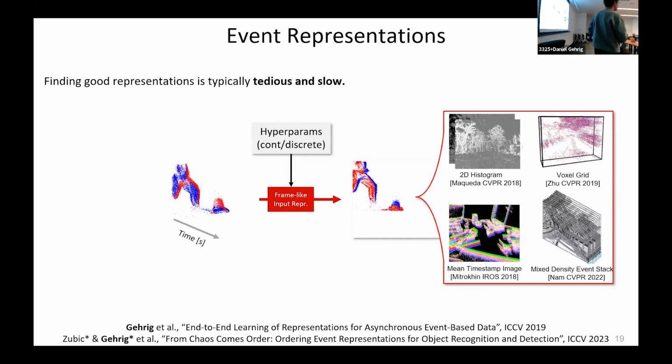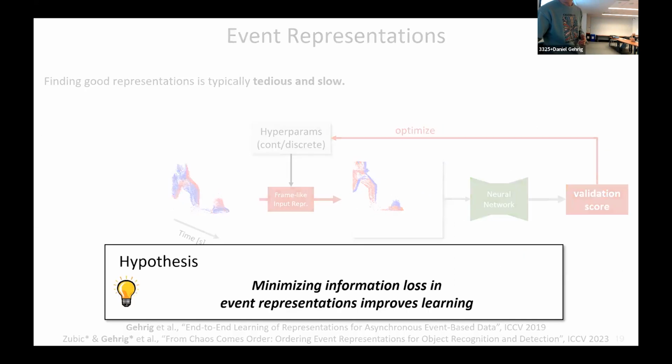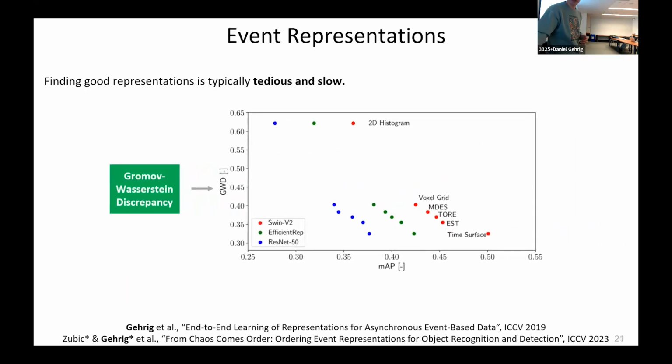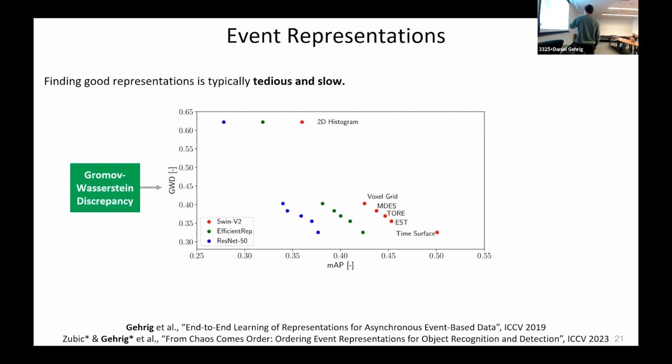I don't think the voxel grid has more information lost than the time surface. So this time surface here is actually multi-channel. We control for a few hyperparameters, like for example the number of channels that we use. In each one of these experiments we use 12 channels, so we use 12 channels for the voxel grid.